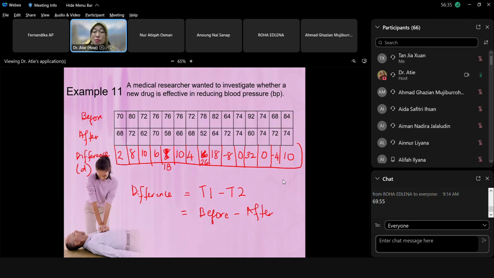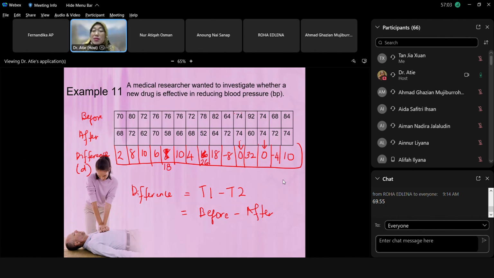So what is the problem here? If we can see, for example, this part right here, the difference is 0. These two data, they have no difference. We don't have to do any data analysis.